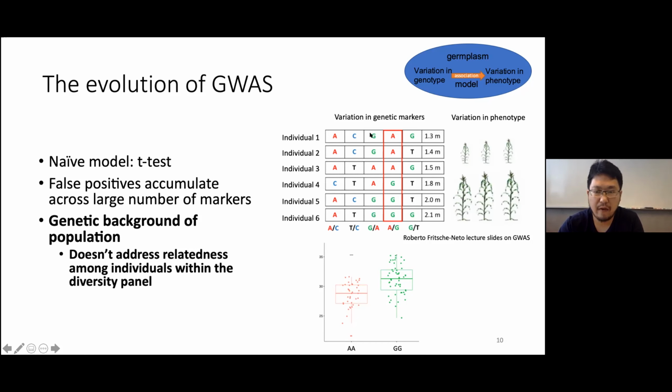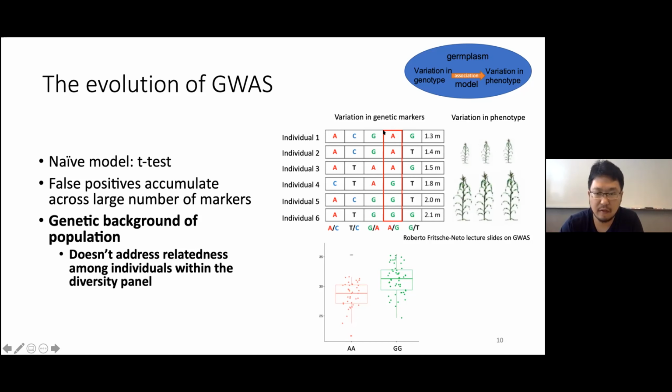Say we have a panel of individuals and we genotype them with SNP markers across all these locations. The phenotype we're interested in is plant height, and there's variation in plant height among all these individuals. The simplest way to test if a marker is associated with this trait is to conduct a t-test.